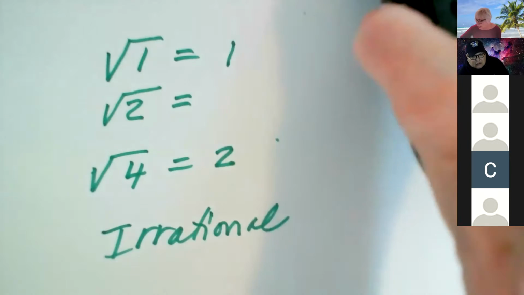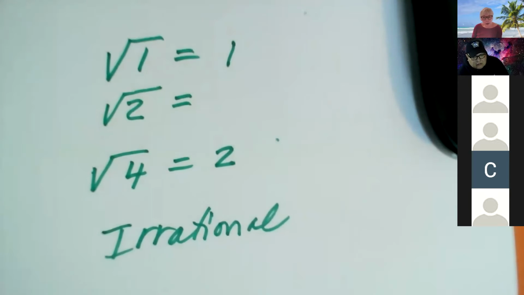So they put numbers into categories, and we had whole numbers which started with 0, 1, 2, 3. We had counting numbers 1, 2, 3, 4. There's all kinds of groups of numbers. And the ones we've looked at so far have been rational.